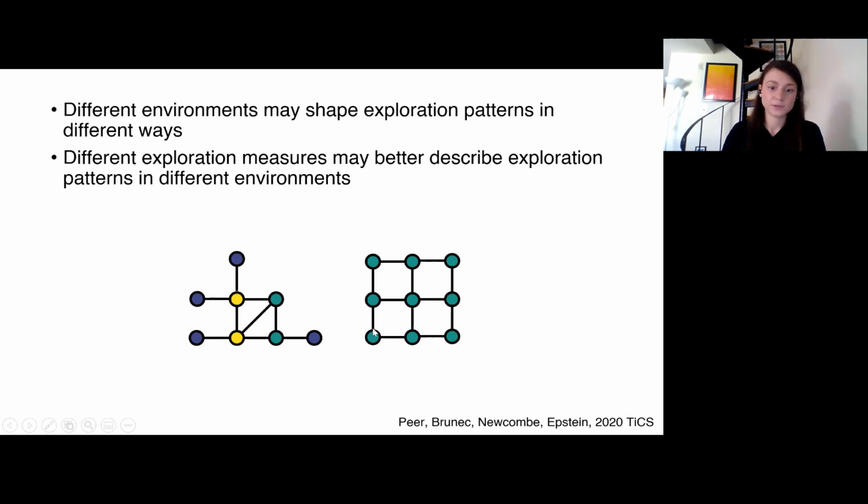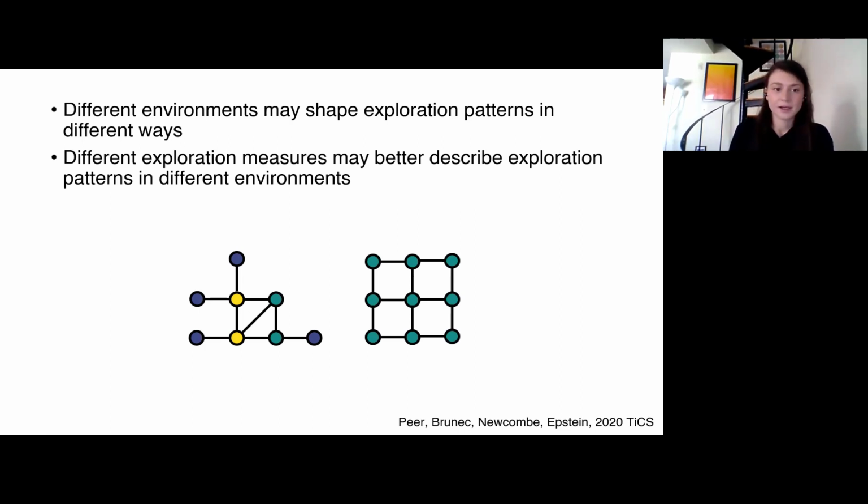The way people explore them might be consistent across individuals, so the same participant might explore these two environments in a consistent way, where there's a systematic approach to that. Or it might be that there's really something about the structure of the environment that's driving even very different navigators to explore them in similar ways. This is something that obviously has not yet been explored, but I think has potential to be quite interesting.